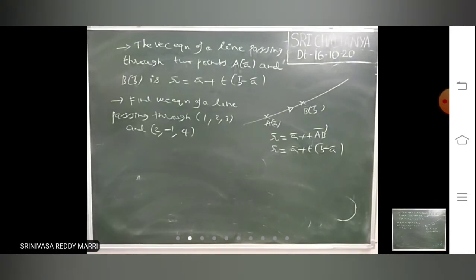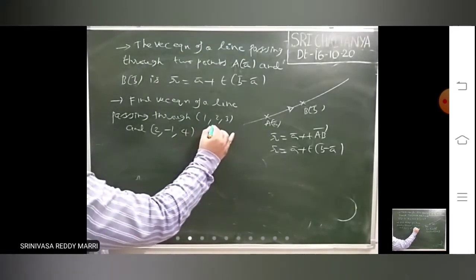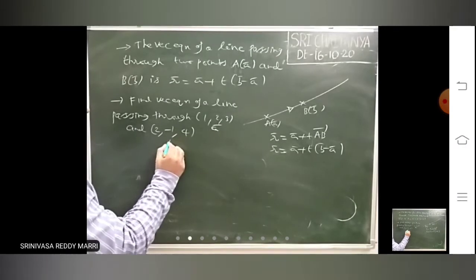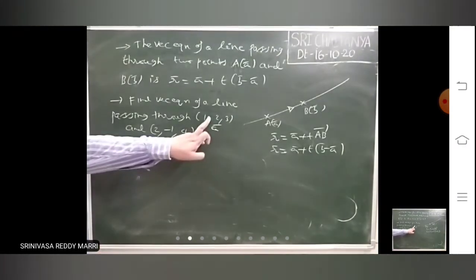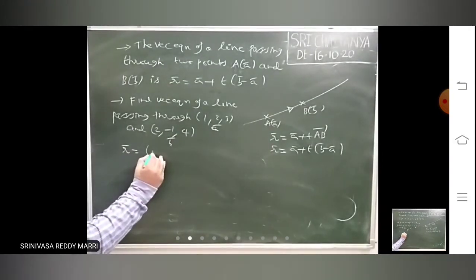Suppose 2 points are there. So this is A bar, this is B bar. What is the equation of line? R bar equal to A bar. A bar position vector means what?